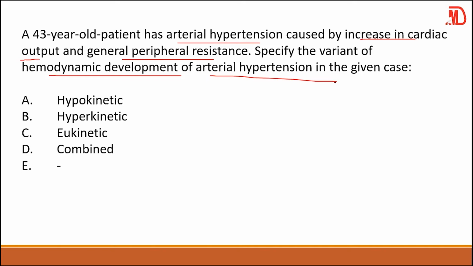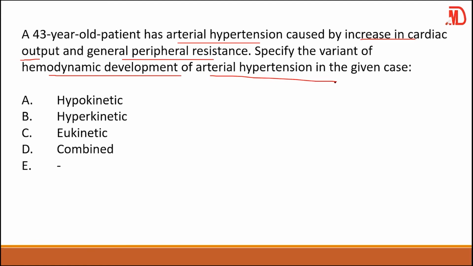So looking at our option over here, and wanting to look at the mechanism of the development of this hypertension, there can be an increase in cardiac output and no increase in peripheral resistance. It's possible. And it's also possible that cardiac output could be normal, but there's an increase in the resistance.